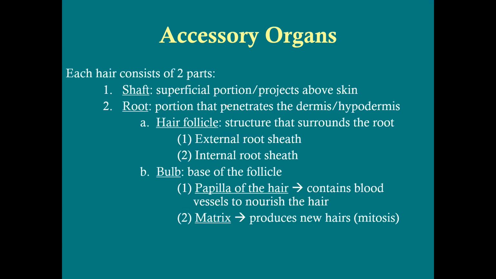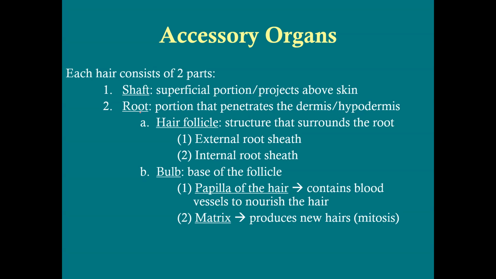Now, let's talk about the structure of the hair itself. I am not expecting you to know very much more than this, okay? We're going to be very conservative in what I'm teaching with regards to the skin because time is a factor. So as it says here, each hair consists of a shaft, which of course is the part, as you can see, above the skin, and the root, which is the part that is penetrating through the dermis.